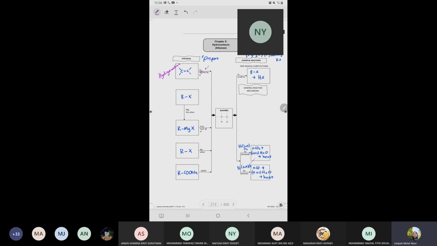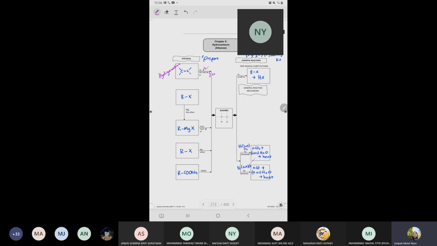So when you want to write the equation later, you can just choose one of the catalysts. For example, H2, Pt, heat is enough for one reaction. If you don't want Pt, you can use Pd. If you don't want Pd, you can use Ni. So the slash means or.